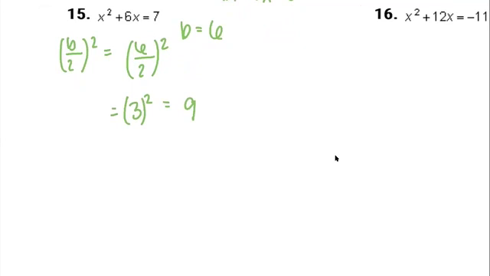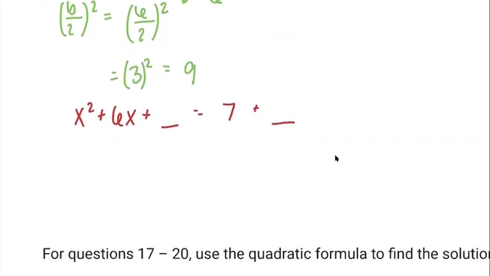All right. But we can't just add 9 to one side of the equation. We have to add it to both sides, right? That's why when we write this, we write it with those blank spaces. So we fill in the blank here for 9.